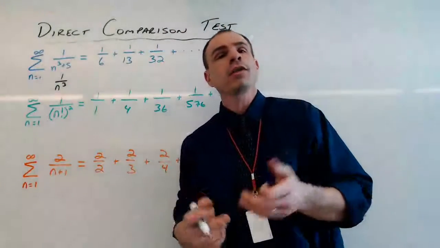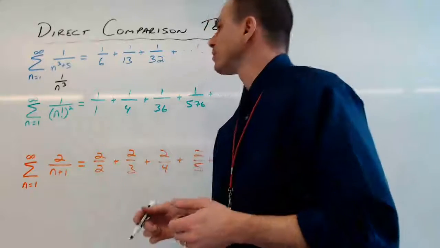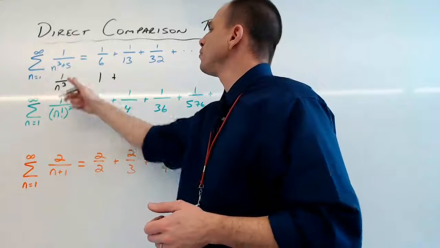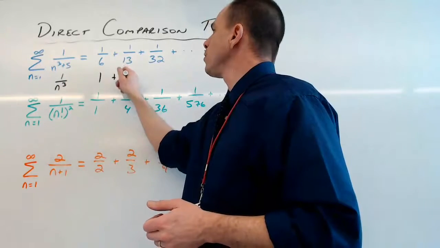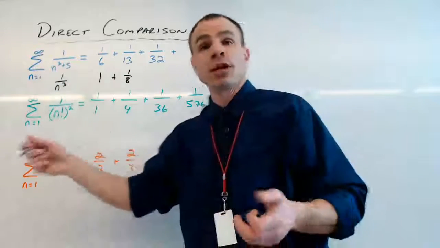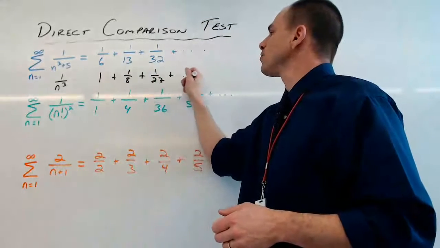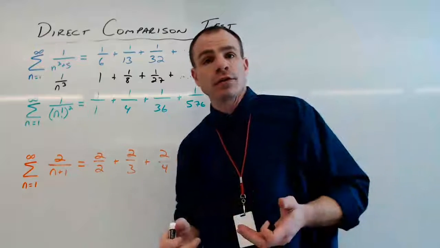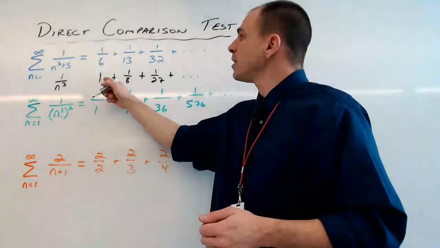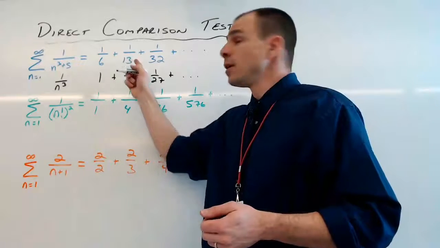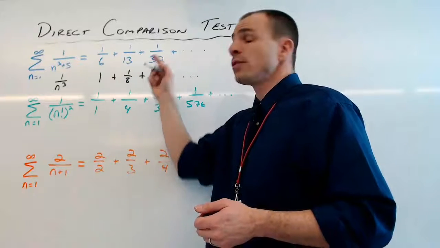What are the terms of that series? Well, if n is 1, we have 1. If n is 2, then we have 1 over 2 cubed, or 1/8. If n is 3, then we have 1 over 27, so on and so forth. So now let's compare the terms. 1 is larger than a 6th, an 8th is larger than a 13th, a 27th is larger than a 32nd.